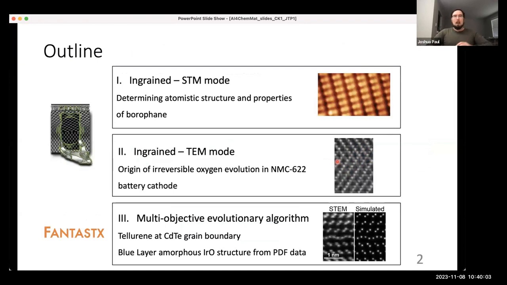So, as I outlined previously, we're going to start with the Ingrained tool for surface structures using the STM mode. Then Chaitanya will go on to describe the TEM mode. And finally, he will explain how the multi-objective evolutionary algorithm we have called FANTASTX can be used to automate the process of characterizing the structures of these materials rather than pursuing examples by hand.